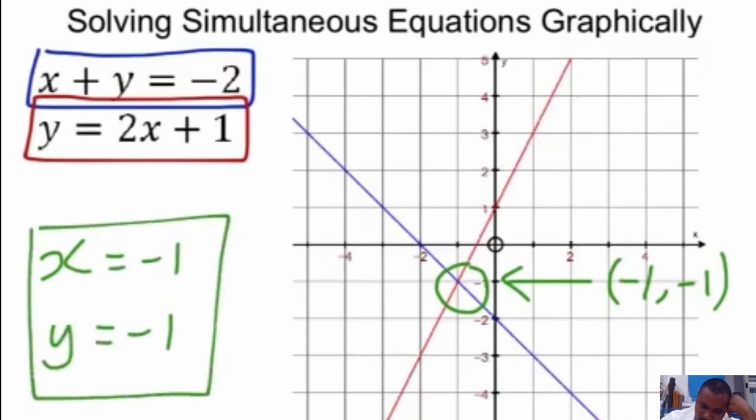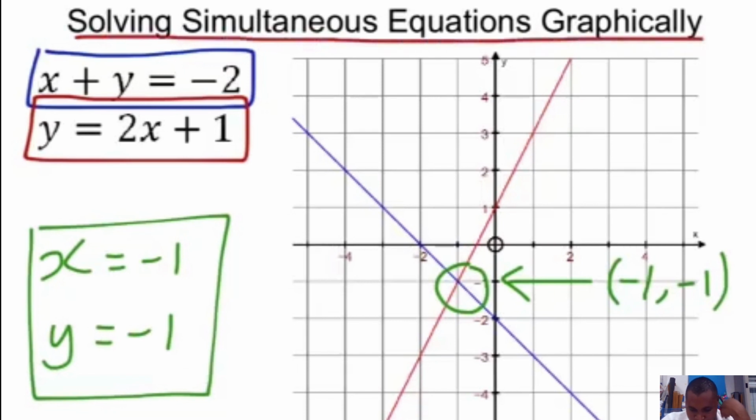And that's all we have to do to solve a simultaneous equation graphically. We draw the two lines and find the point of intersection, and the coordinates of that point are the solution to our simultaneous equations.